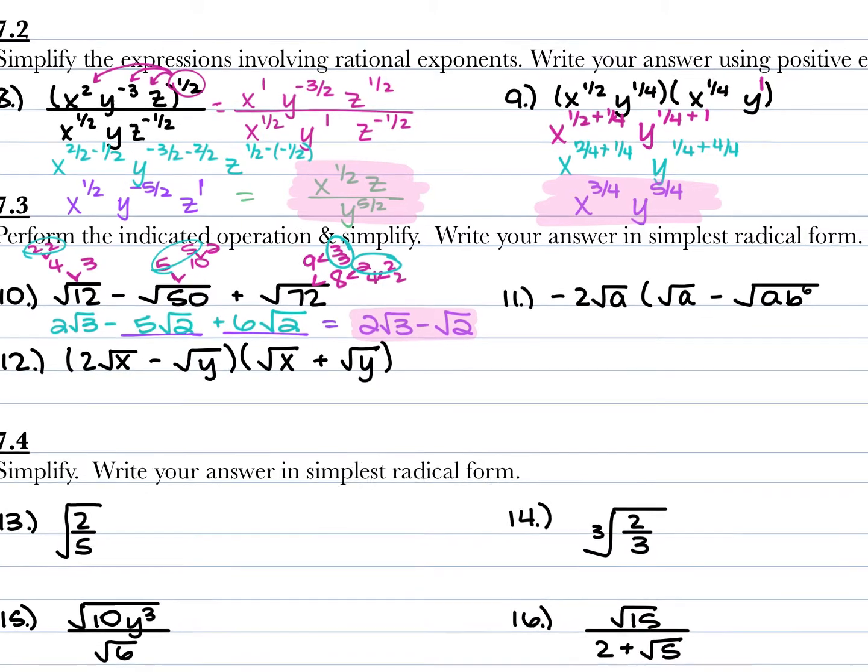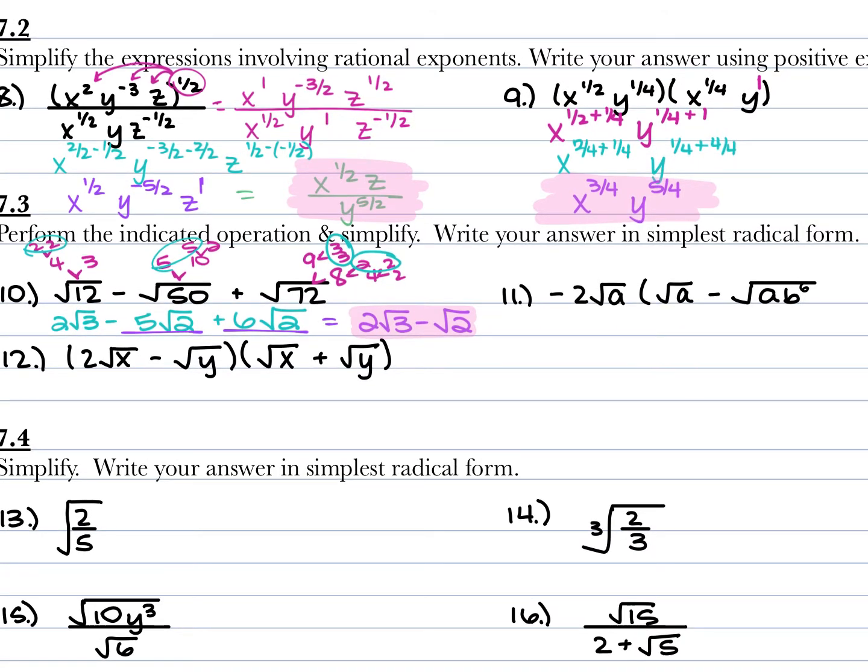For number 11, you have negative 2 square root a times the square root of a minus the square root of ab to the 6th power. You should have another set of parentheses there. So we're going to distribute this in. It's going to give us negative 2 times the square root of a squared, because a times a is a squared, minus negative 2 square root a squared b to the 6th power.